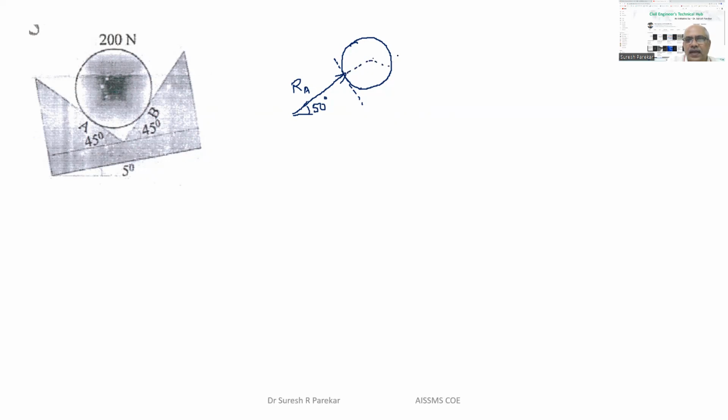Another reaction, which is perpendicular to this, makes an angle of 40 degrees with horizontal, and then 200 Newton acts at the center.